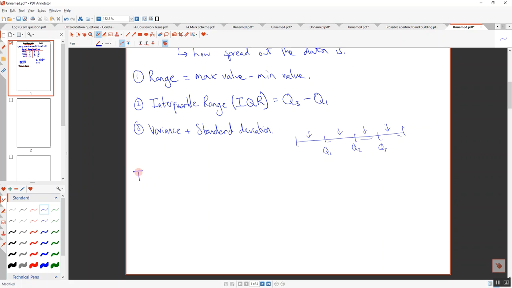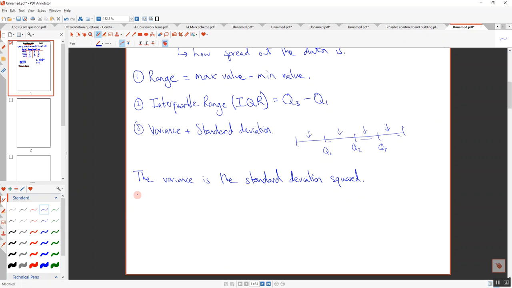So the variance is the standard deviation squared. Okay, so if we know the standard deviation and we square it, we get the variance.